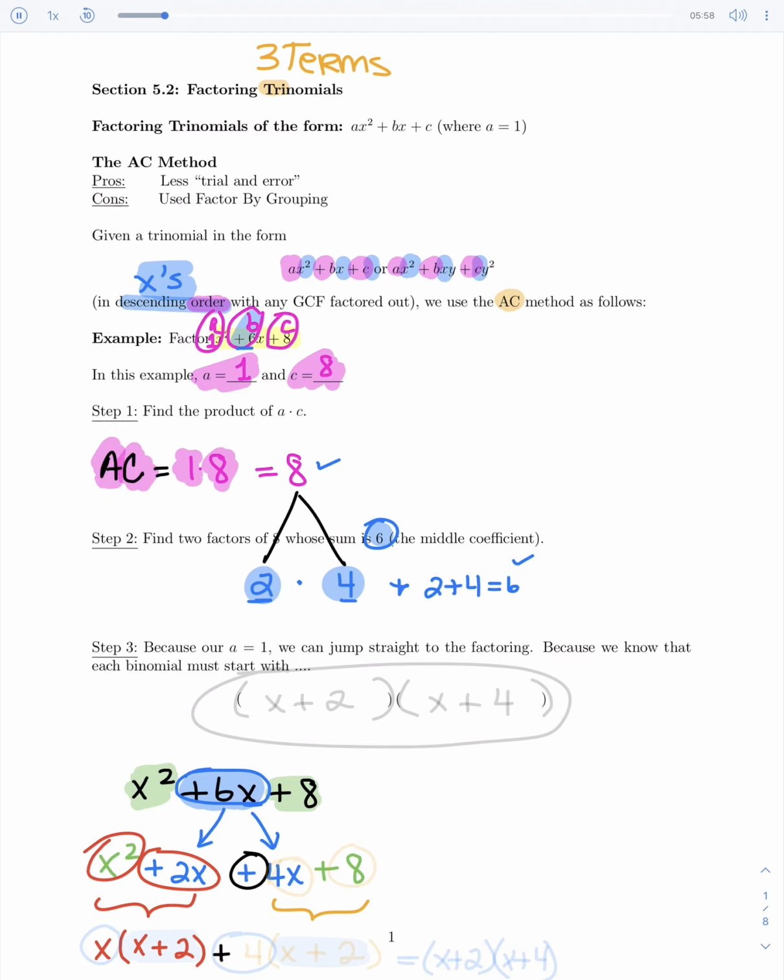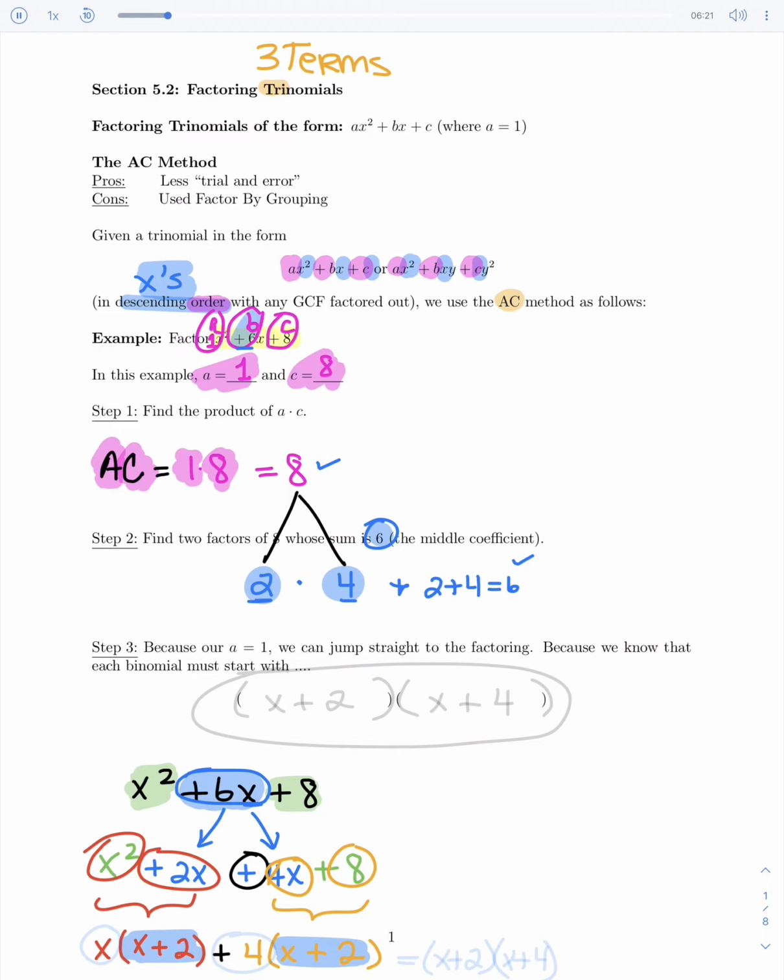Now my second 2 have a 4x and an 8. They're both divisible by 4, so I can factor out a 4. Well, if I pull out the 4 from the first term, I'll still have the x. Pulling the 4 out of the 8 will still leave me with a 2. And just like in the last section, I know I am good because the x plus 2's match.